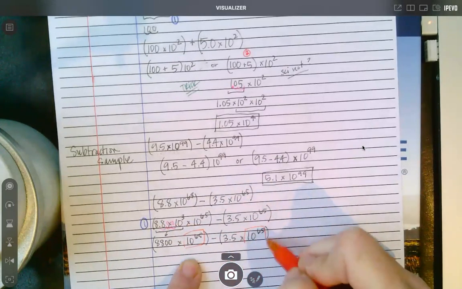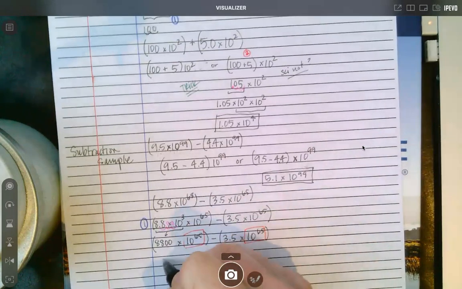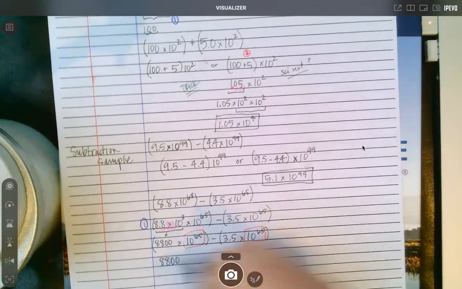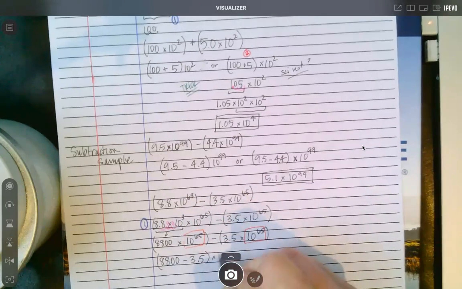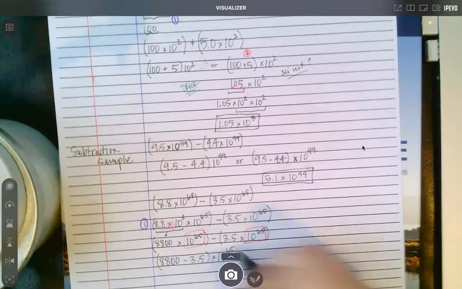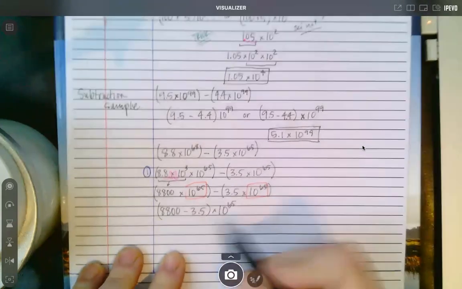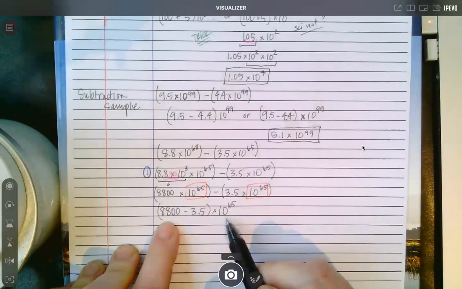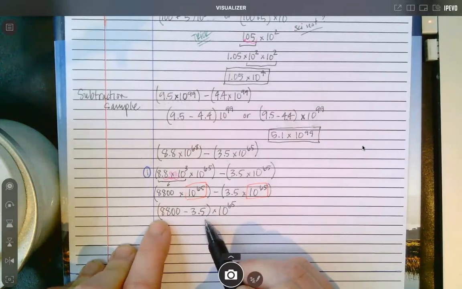So I'm going to pull those both out of that operation there, and that would be rewritten as 8,800 minus 3.5 times 10 to the 65th. That gets rewritten step by step as I'm pulling this math out. Now I'm going to just deal with what's in the parentheses.